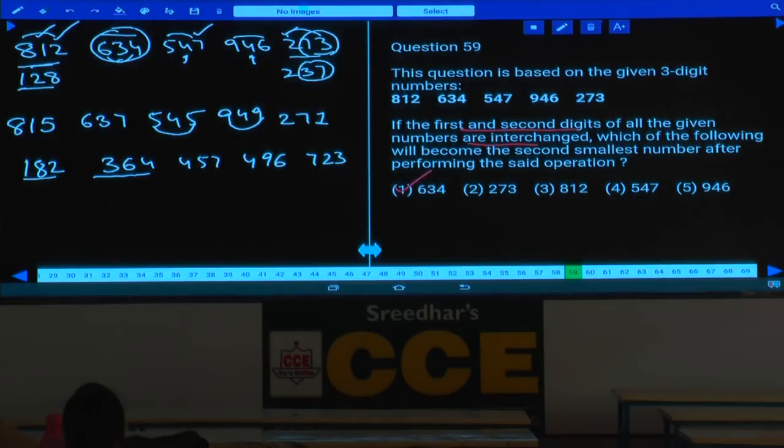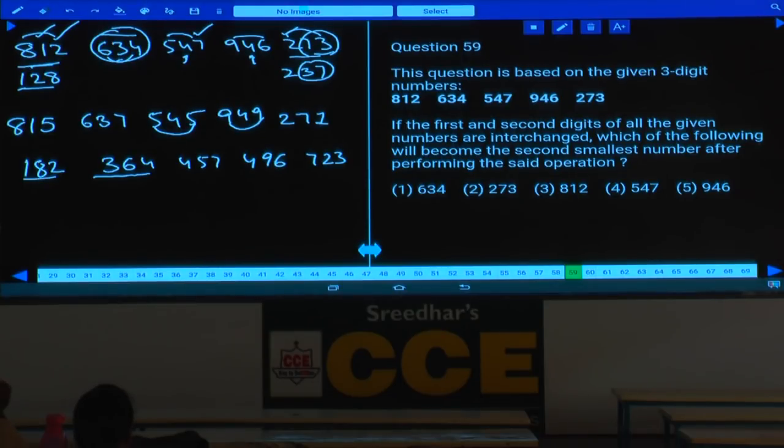Now in this 59, first and the second digit of all the given numbers are interchanged, isn't it? If first and the second digits are interchanged, then which digit is coming to the first place? Second digit of each of these numbers is coming to the first place, isn't it? Now tell me, in order to determine whether a number is the highest number or a small number, it is based on which number? It is always based on the first digit, isn't it?